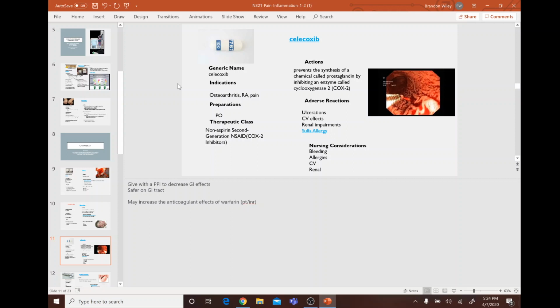Osteoarthritis, RA, and pain. How is celecoxib prepared? PO. What is the therapeutic class of celecoxib? Non-aspirin, second generation NSAID, COX-2 inhibitor. What is the action of celecoxib?